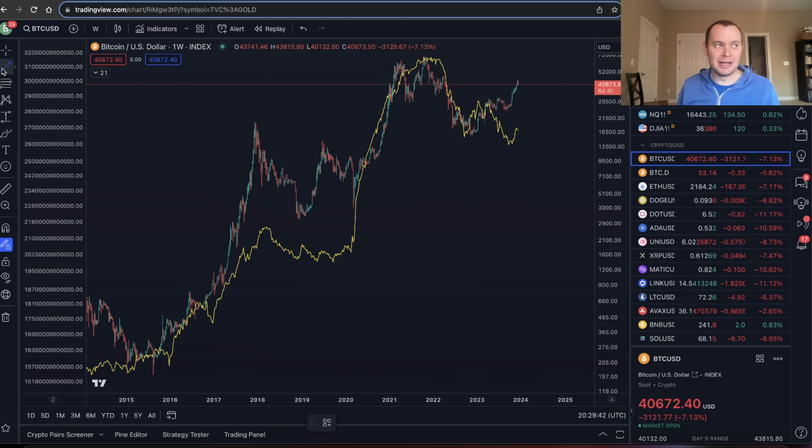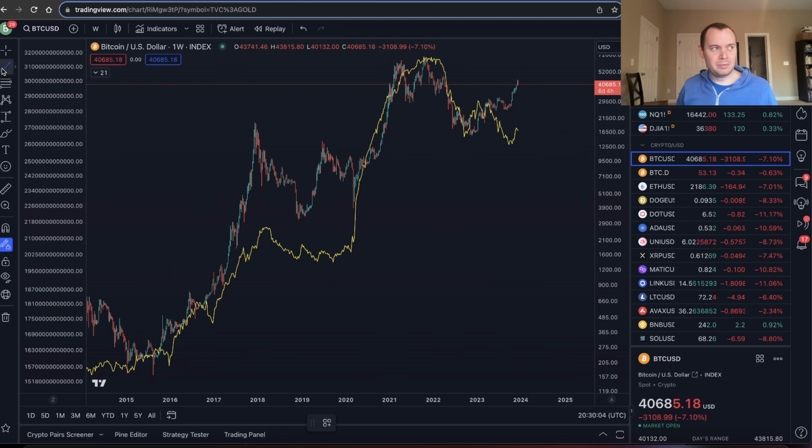But the counterpoint is, what's going to make them go back to looser monetary policy? Are they going to cut 200 basis points and start printing again out of the goodness of their heart because they want to support crypto valuations? Or would they start doing that if the economy slowed down, right? So that's kind of the catch.